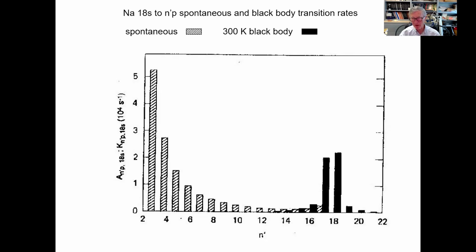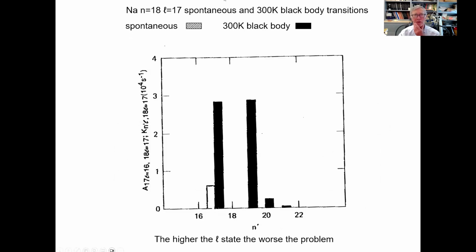So an interesting thing is, if I go out to the state n equals 18, L equals 17, that's the highest angular momentum state. The spontaneous emission rate is only down to n equals 17, L equals 16. That's shown by the white thing. This isn't quite right.